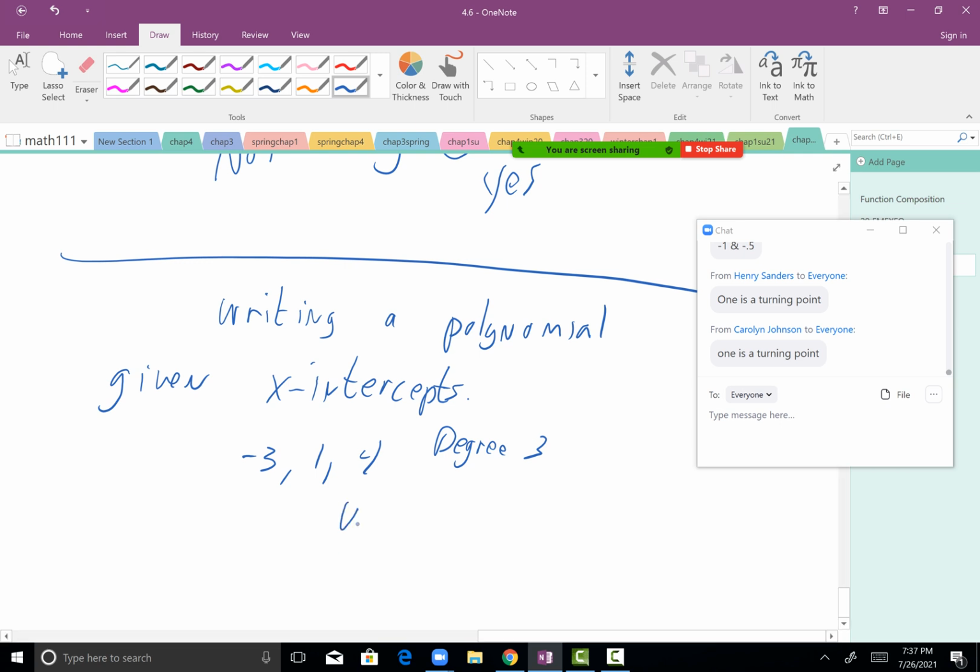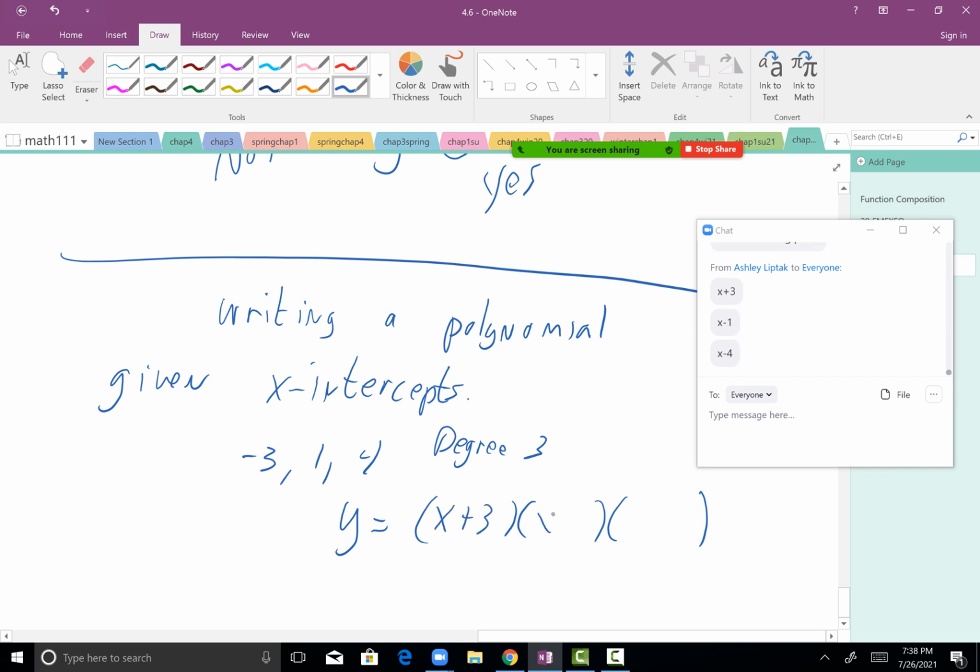All right, so let's go y equals. Now let's see if somebody can fill in the blanks for me. What's going to go in here? Okay, x plus 3, good. x minus 1. Okay, good, good, good.